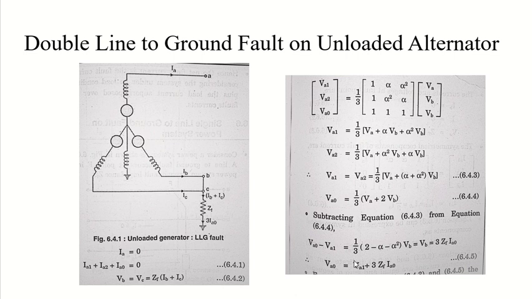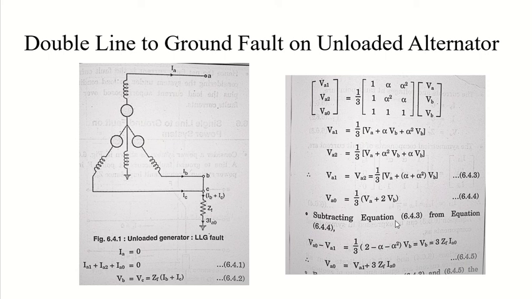So 3 by 3 will be 1 and you will be left with only VB. So what you will be left with is VB, and what is the value of VB? So come here and see, the value of VB is equals to 3 into ZF into IA0. So value of VB equal to 3 into ZF into IA0.